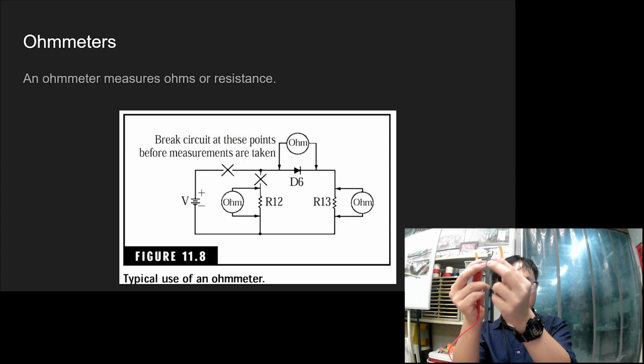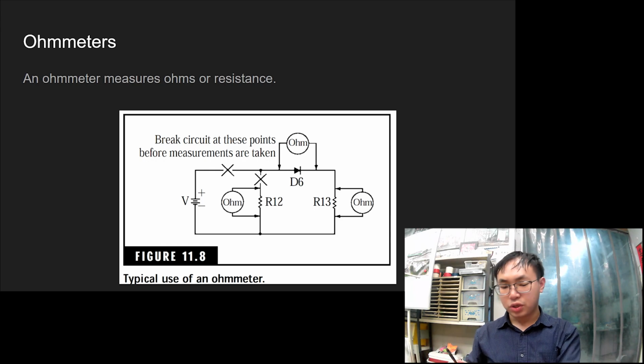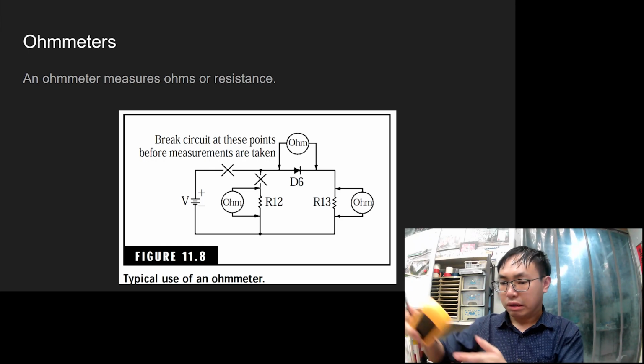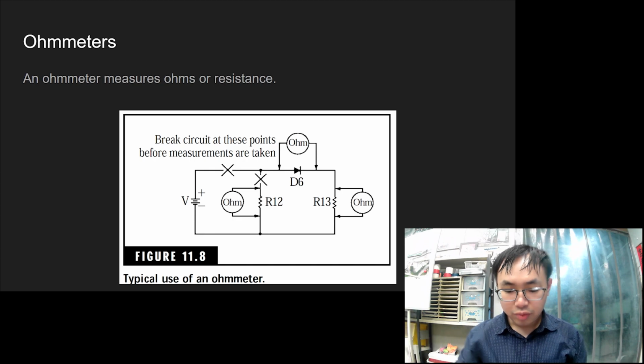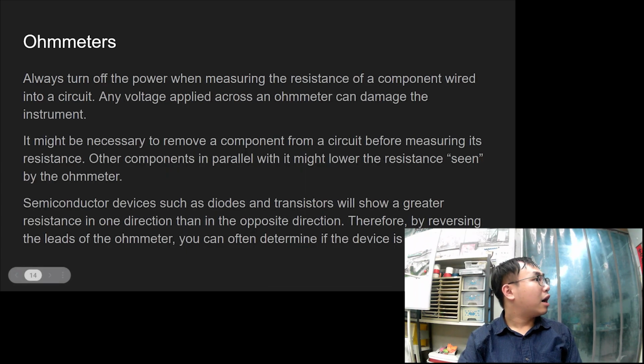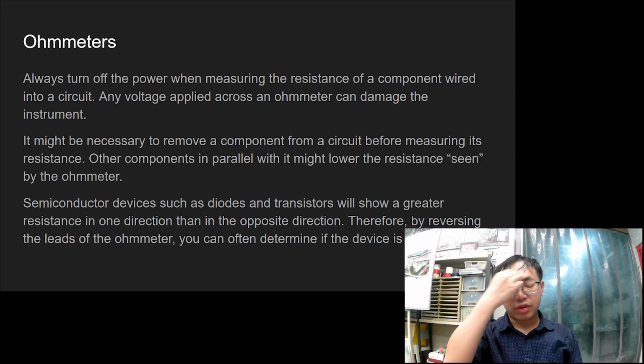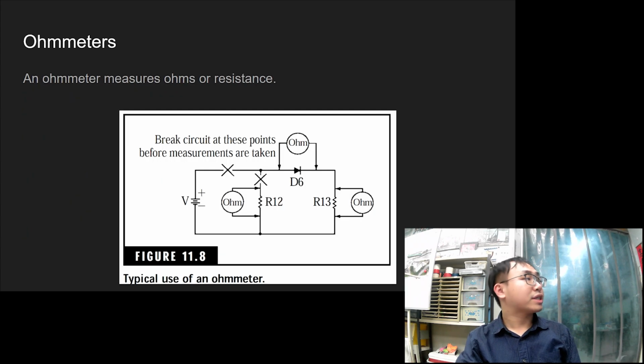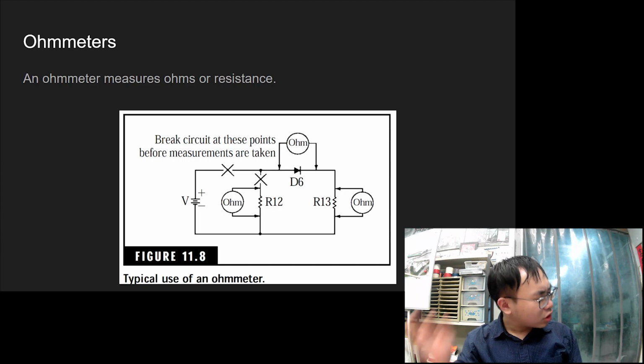But there's one point you have to note for the ohmmeter. You must disconnect the power first. There are two main reasons. One is, if you have the current, the circuit is a closed, working circuit.